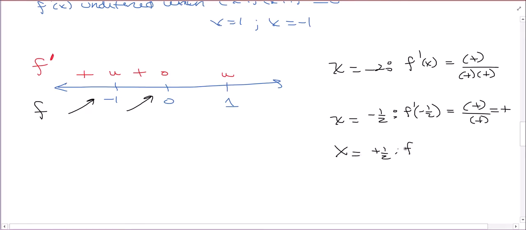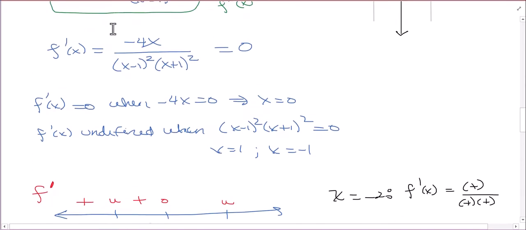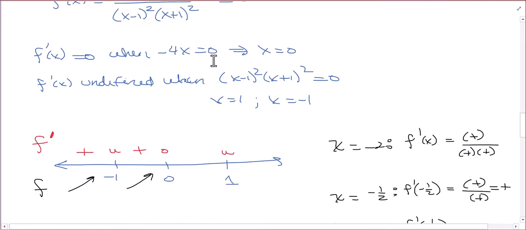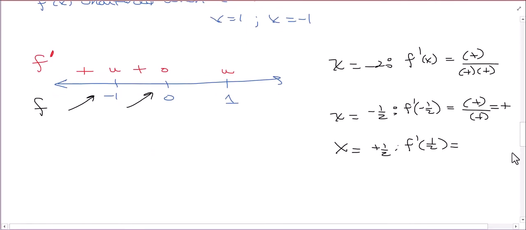So then f prime of +1/2, now you're going to have -4 times +1/2. So negative times a positive is negative, and the bottom is always positive because of that square. So our derivative here is negative, right? Negative divided by positive is negative, which means that the function is decreasing.